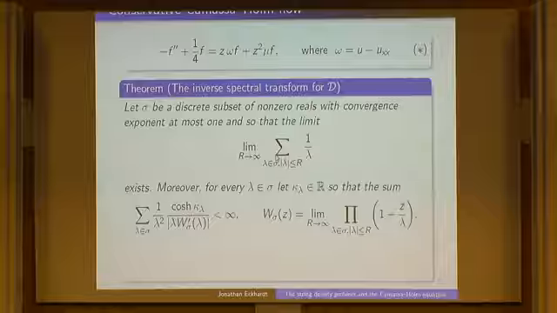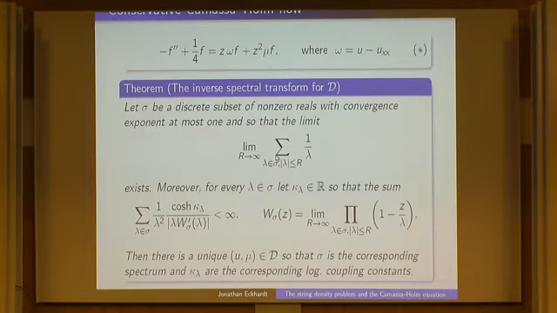And then what about our coupling constants? For these coupling constants, we assume asymptotics like this. So we want this sum to be finite here. And with these conditions, we can show that there's a unique pair in our subset D, which has exactly this spectrum and coupling constants.